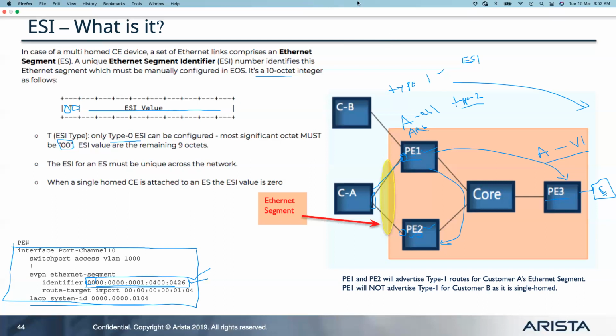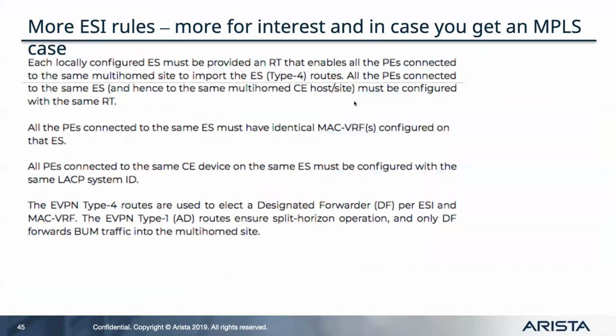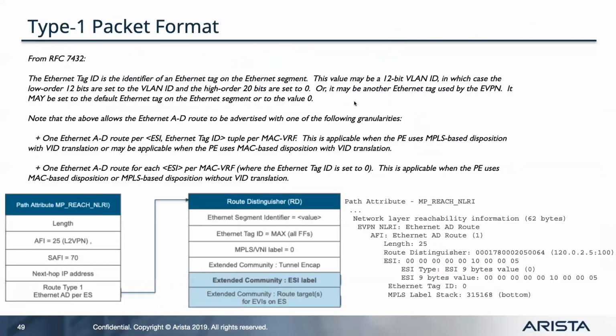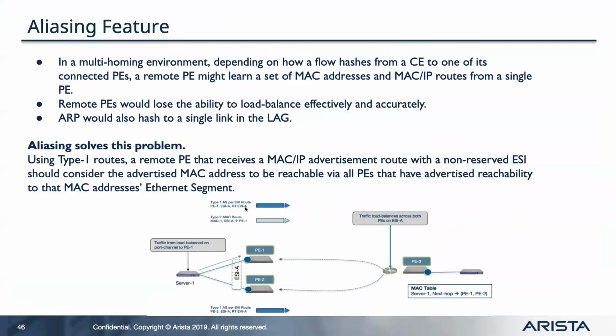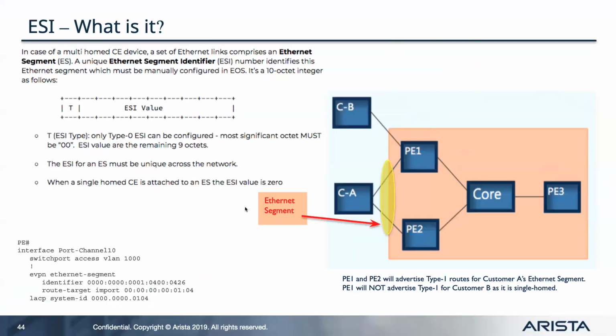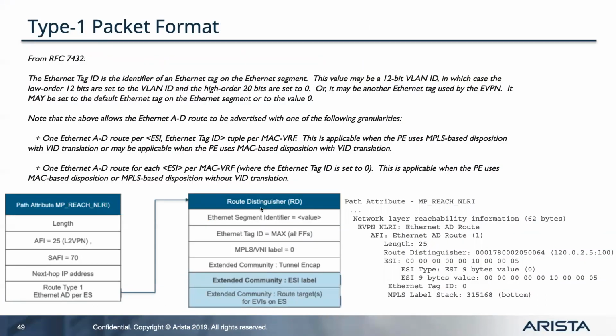Let me show you first what information it sends, the packet format. It sends the route distinguisher, the RD value we have configured on VXLAN EVPN. The Ethernet segment identifier, that ESI value which we have configured on the common segment.